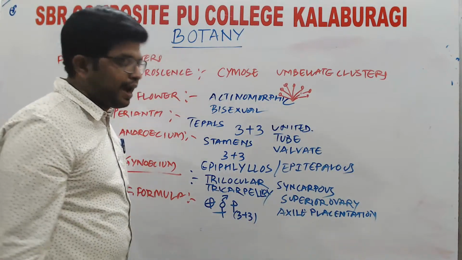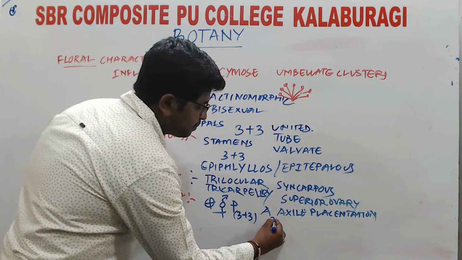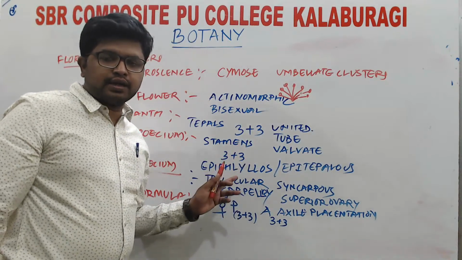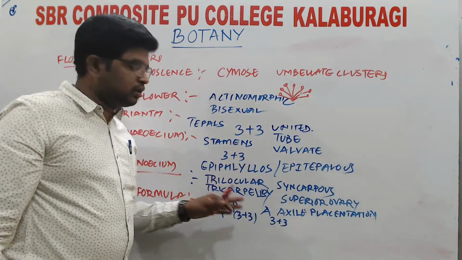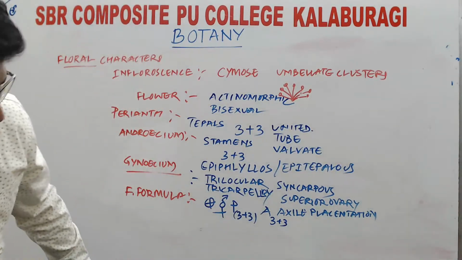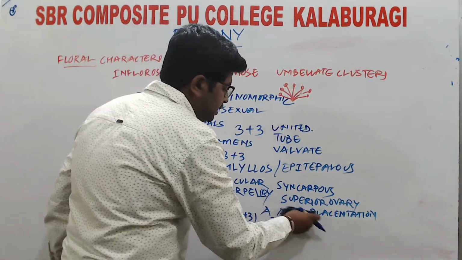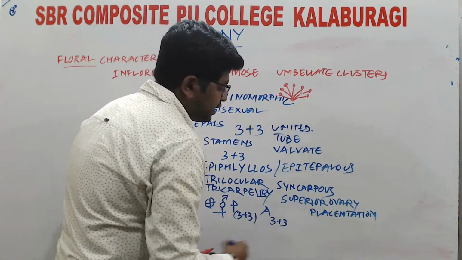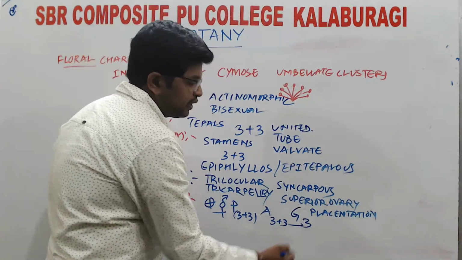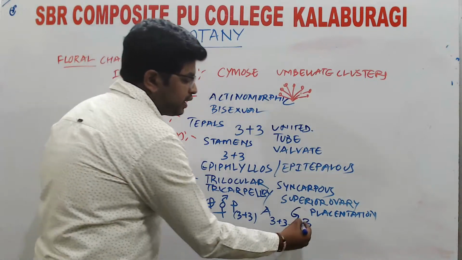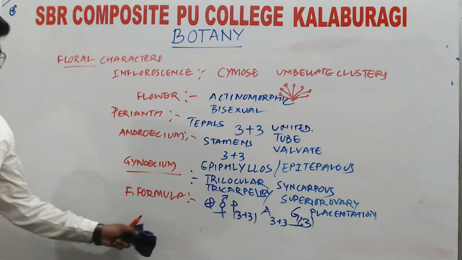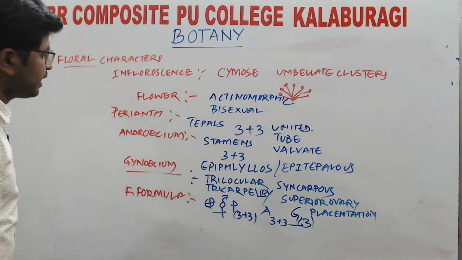Then you have androecium, also 3+3, but it is polyandrous, meaning there is no fusion, so you need not put it in brackets. And the gynoecium, 3 carpels, ovary is superior, and it is fused. This is how we write the floral formula.